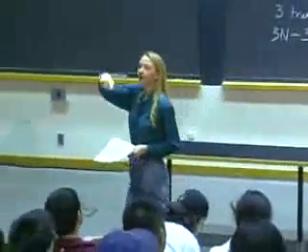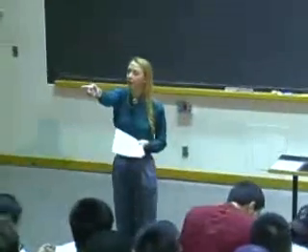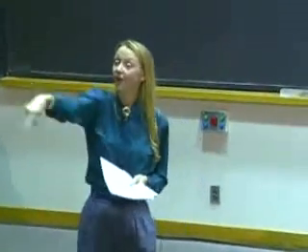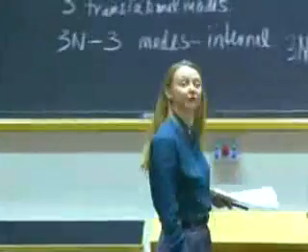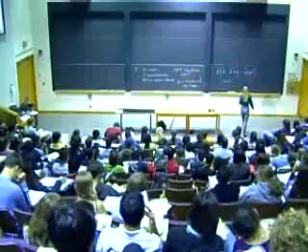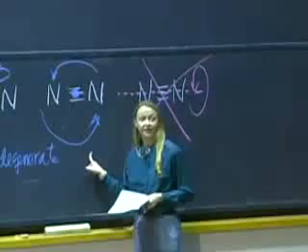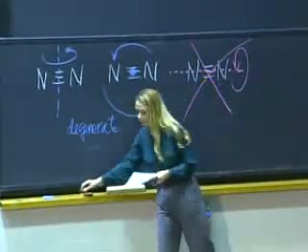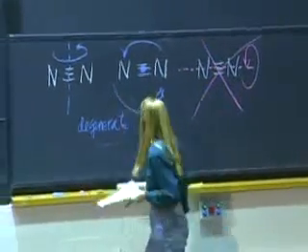Rotation around that bond axis has no meaning. The molecule looks the same for all of the angles from 0 to 360 degrees. That is not a rotational mode. So for linear molecules, diatomics, you have two rotational modes. They're going to turn out to be degenerate, as we're going to see.